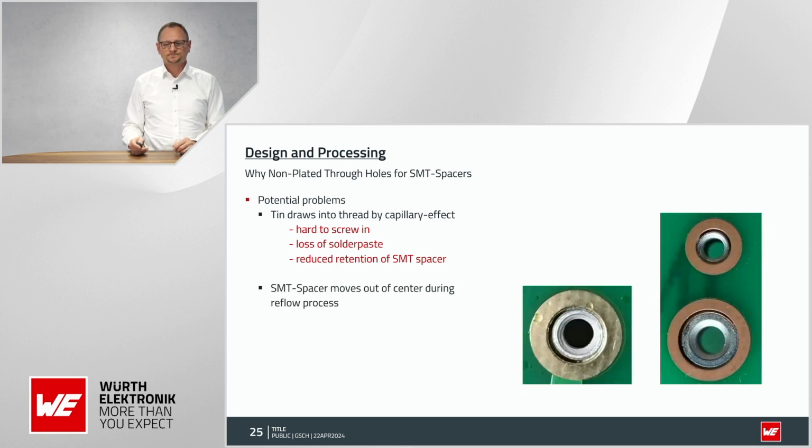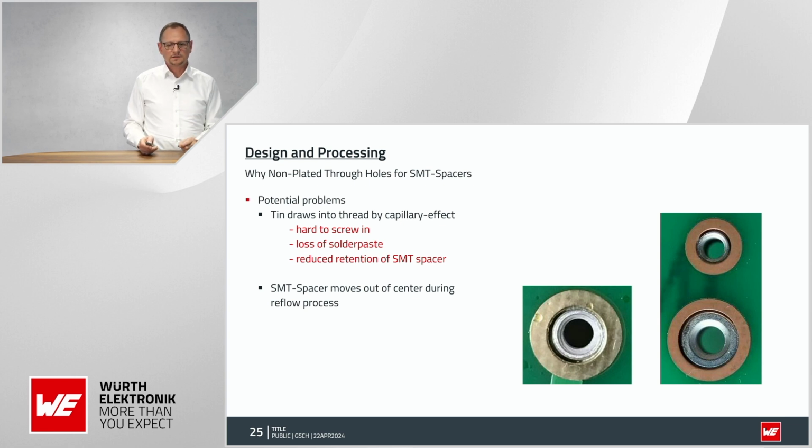And there is another point which is also important, which means that the spacer tolerances are pretty tight, but of course the hole needs to be bigger than the component itself to be assembled inside here.